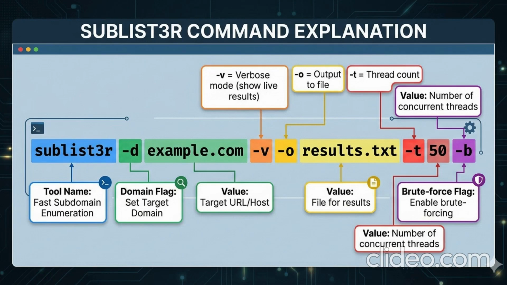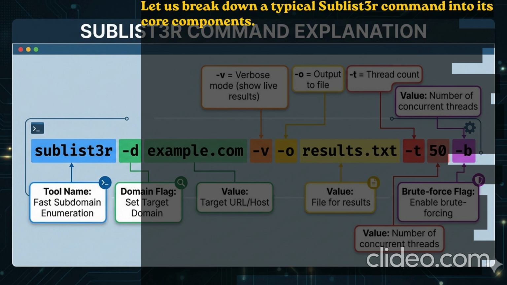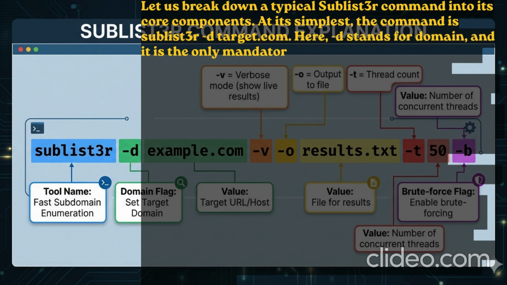Let us break down a typical Sublist3r command into its core components. At its simplest, the command is sublist3r -d target.com. Here -d stands for domain and it is the only mandatory argument. Everything else is optional but incredibly powerful.